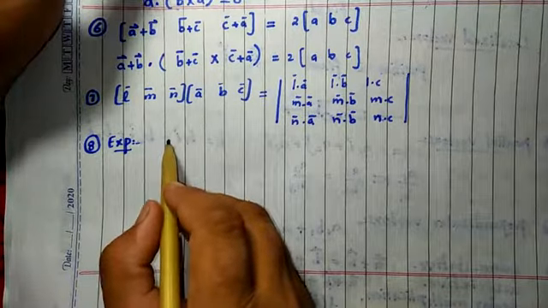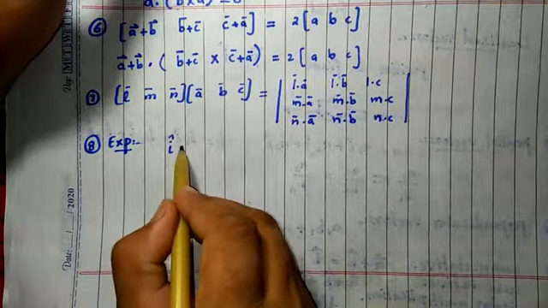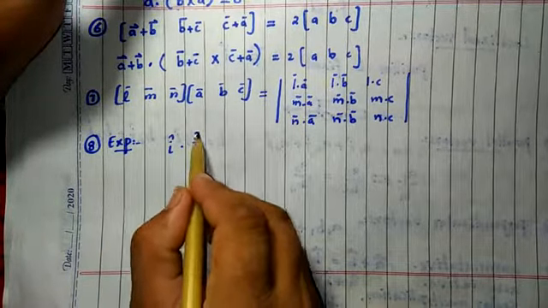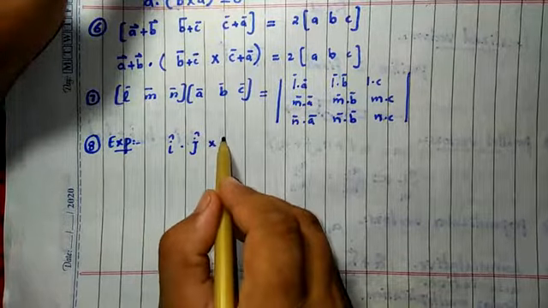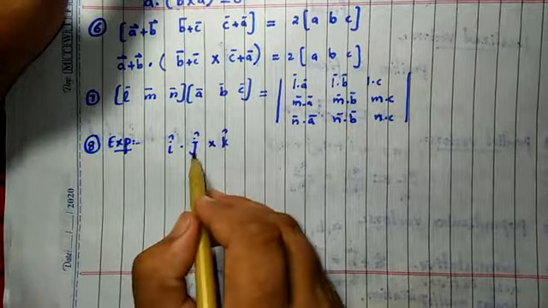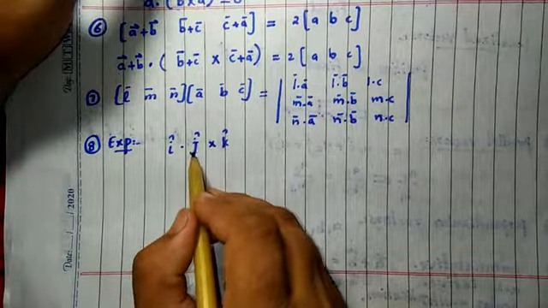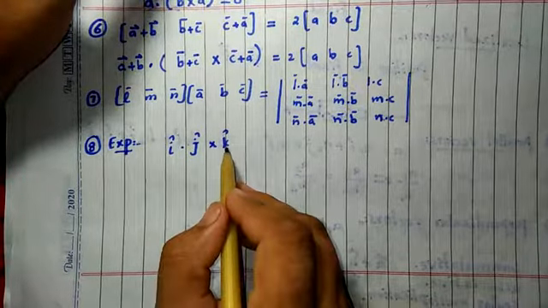If we are given i unit vector dot j unit vector cross product with k unit vector, so definitely we have to solve j cross k first.